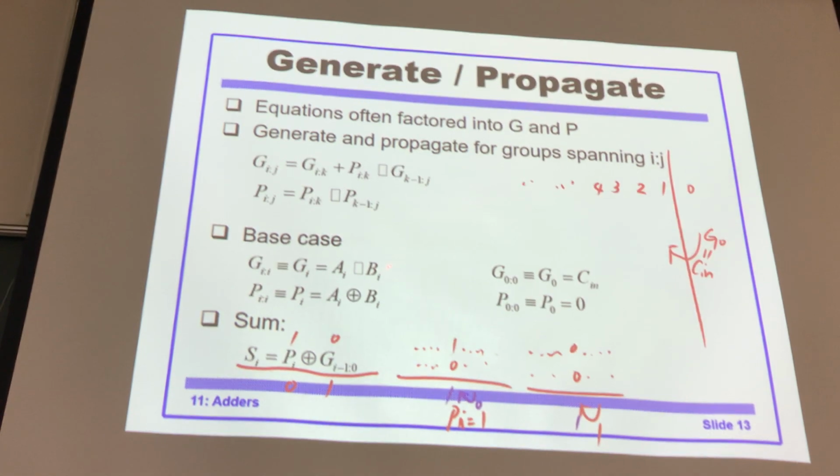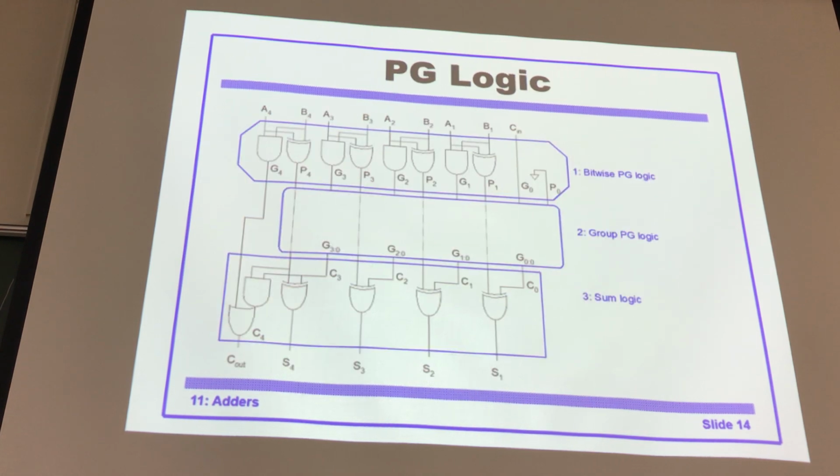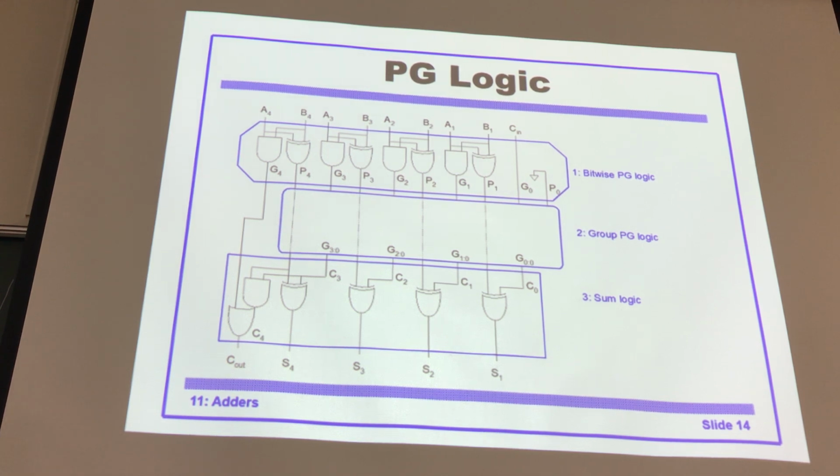Carry generate is A and B. Carry propagate is A XOR B. In here, you can pre-compute for every bit position to get P1, G1, P2, G2, P3, G3, P4, G4. They can be done at the same time. No cascading delay. So it must be a small delay.